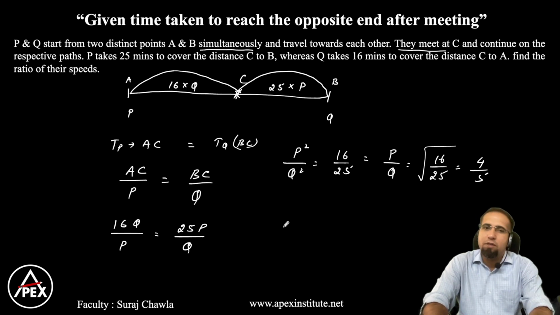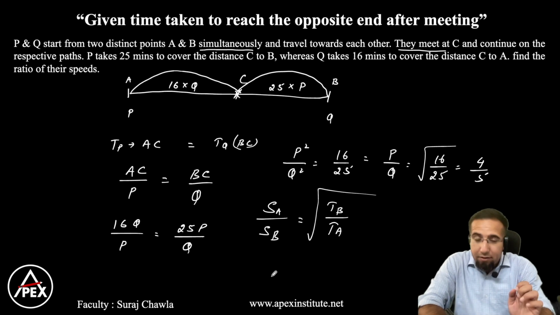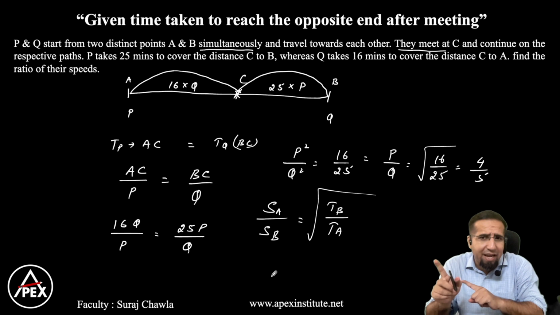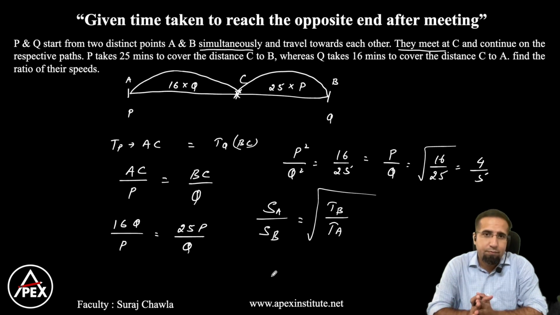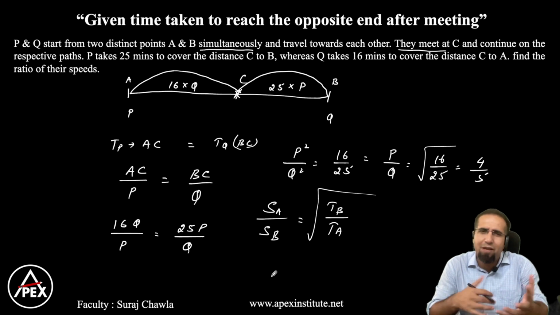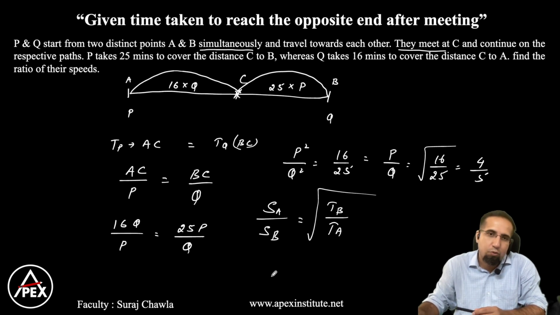Whenever such a model is asked, speed of A divided by speed of B is always equal to the square root of time taken by B divided by time taken by A. And I repeat, here the time taken is nothing but the time taken to reach the opposite end after meeting. So it's a very important model. 2 to 3 questions have come from this model. So it's very important for us to remember this model, because in case another question repeats, it should be a jackpot situation for us.